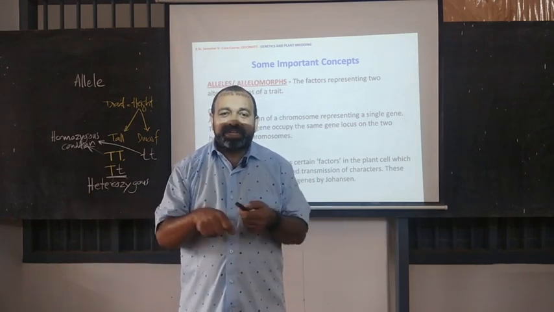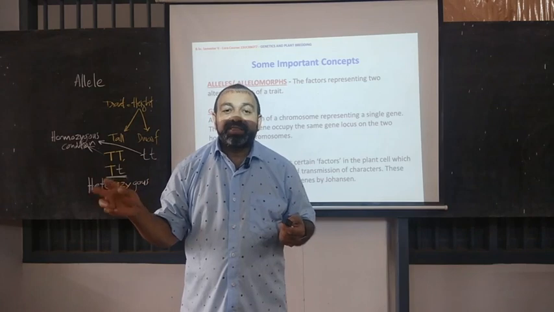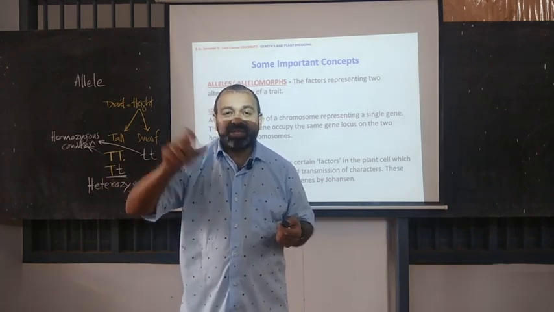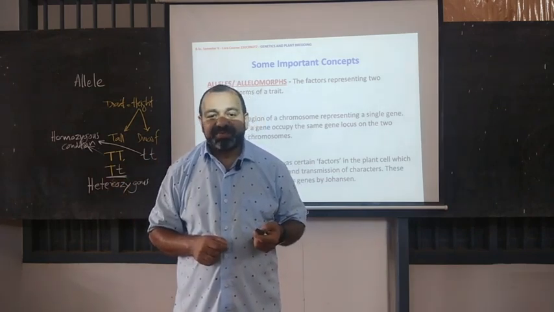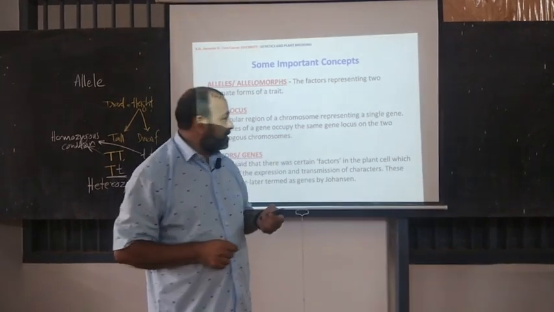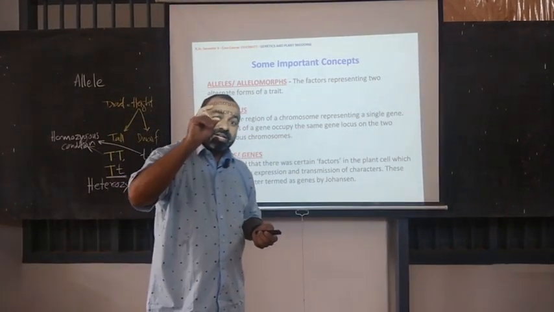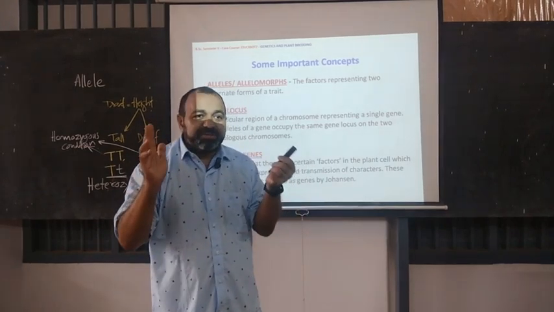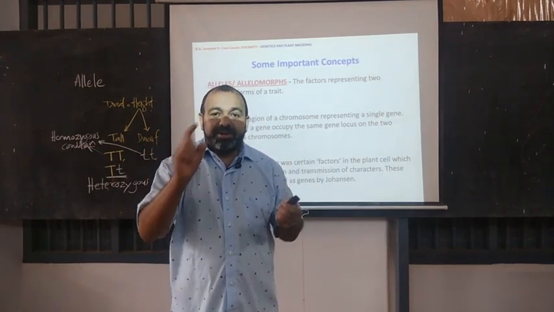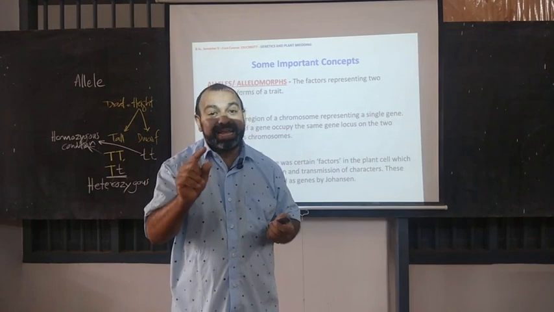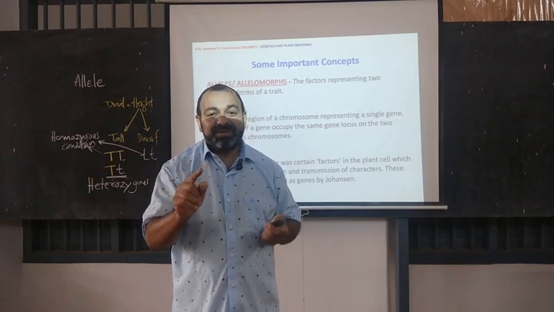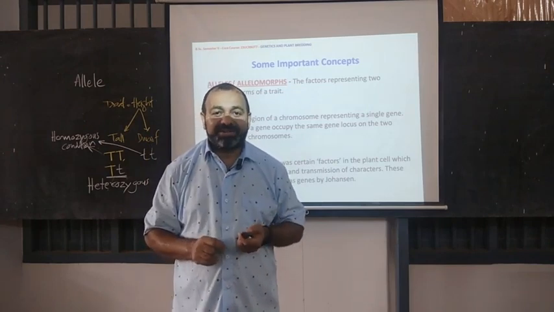These two sets of 23 chromosomes are pairing with each other and they are called homologous chromosomes. Okay, homologous chromosomes. And both the homologous chromosomes will be having one allele each for a particular trait.